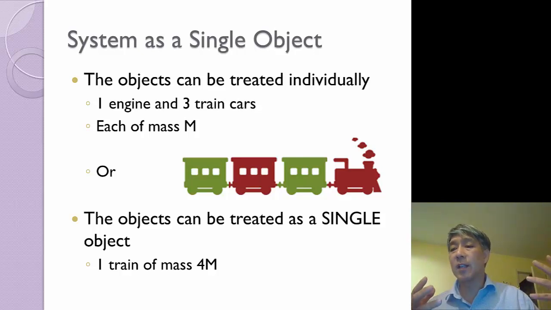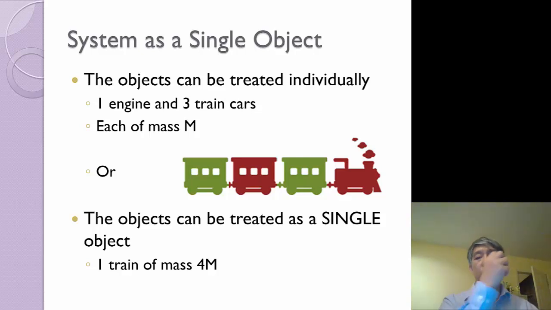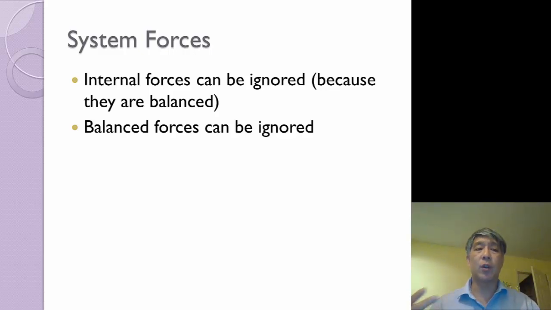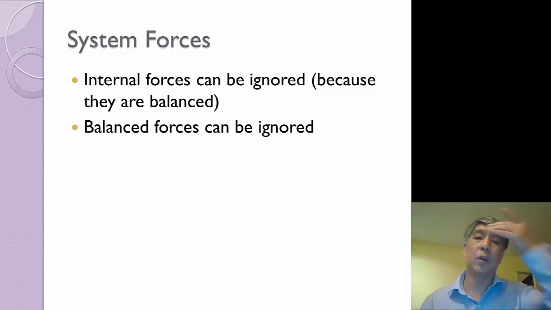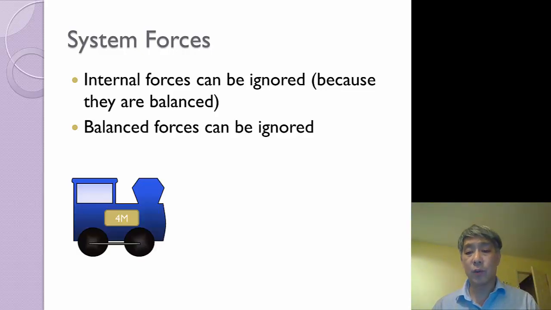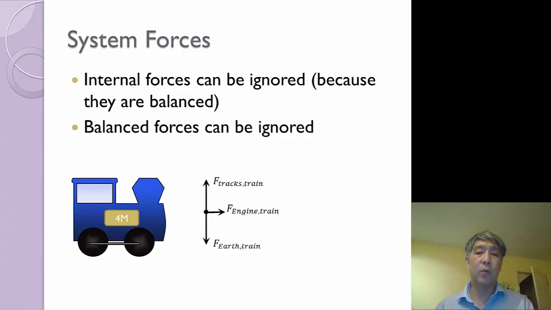But in the same way, Newton's third law says the third car pulls the second, which pulls the first, which pulls the engine. Because Newton says they're equal and opposite, they cancel each other out. So those forces are balanced. When I add a positive force and a negative force of the same magnitude, I just end up with 0. So those forces can be ignored, and I'm left with just one big train of mass 4m.